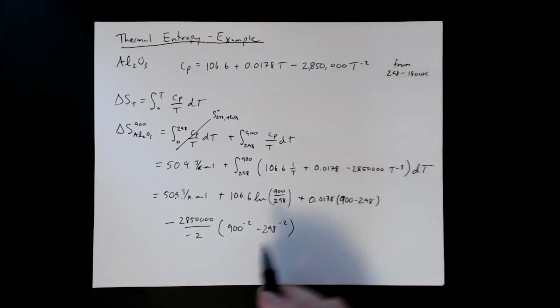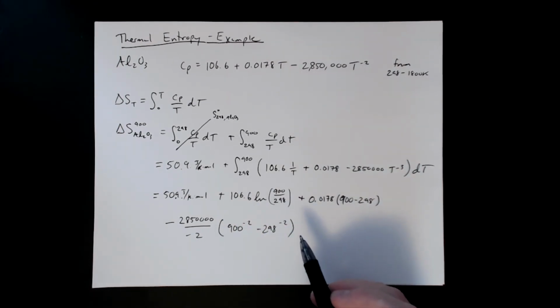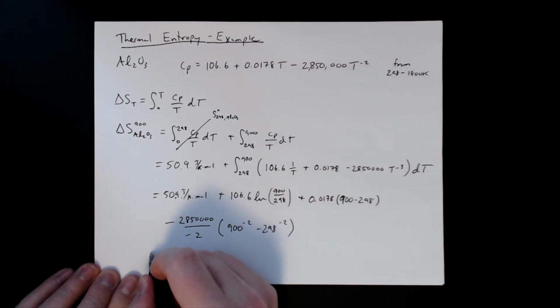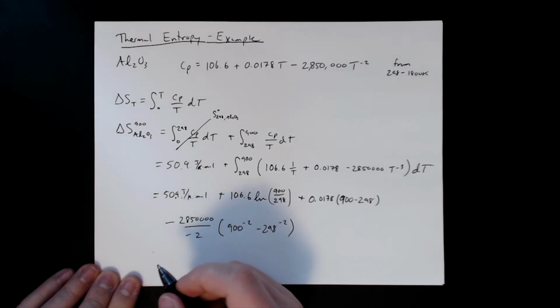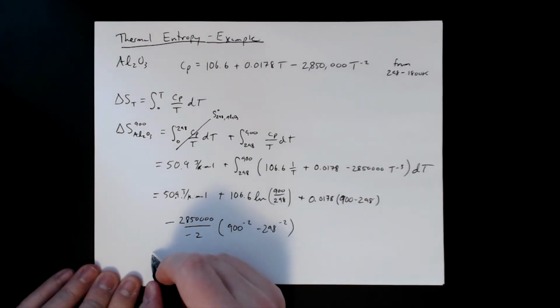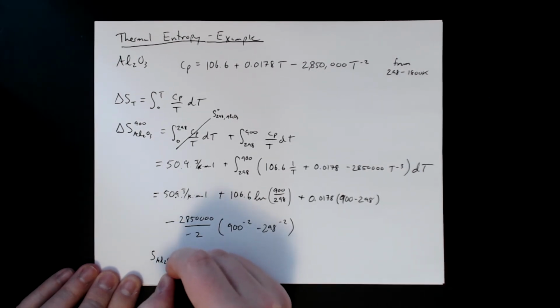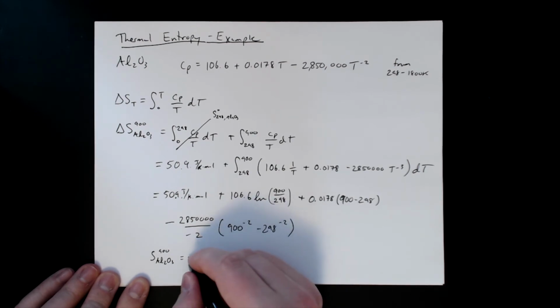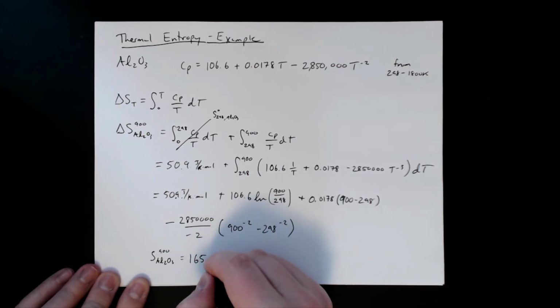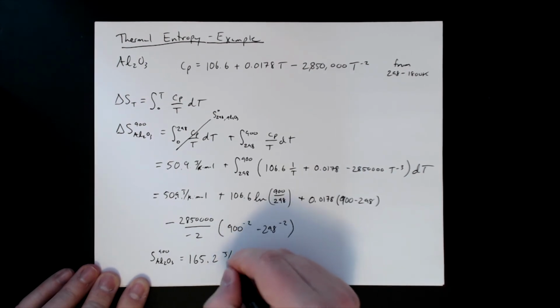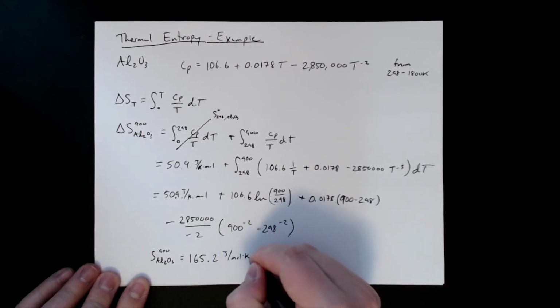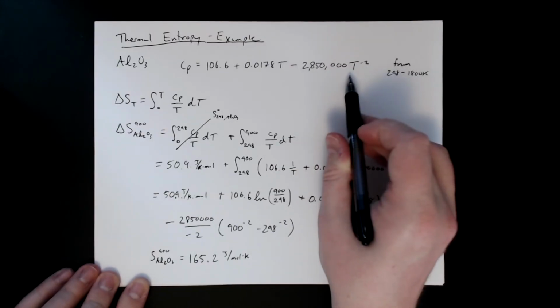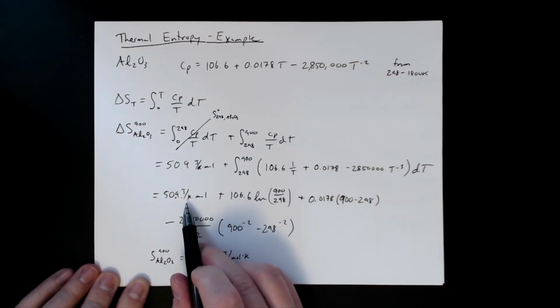All right, so if I go through and plug all those numbers into my calculator, my final value for the entropy here, I'm going to call it the entropy content for 900, is equal to 165.2, and this is joules per mole K, which is the same unit as the heat capacity as well as the unit here.